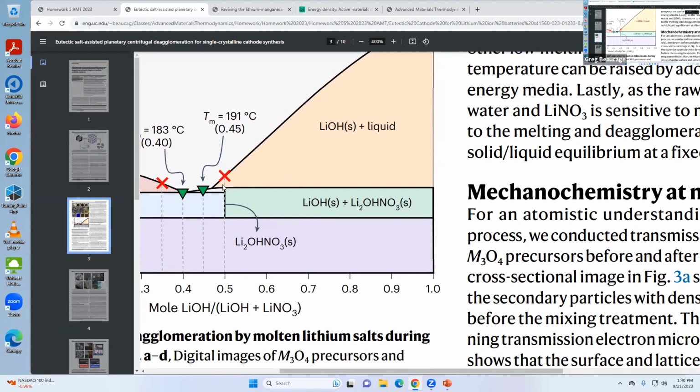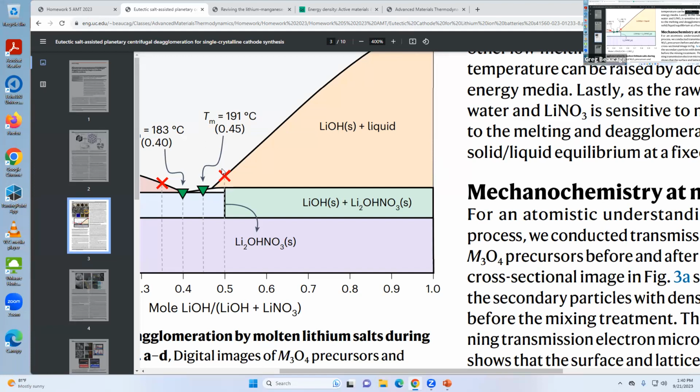And then as you cool, if you do a slow cooling, you just get LiOH, but as you go deeper, you get a small amount of liquid that, once you got to here, would precipitate out. So the LiOH is kind of locked in. If you're going slowly, you lock that in.